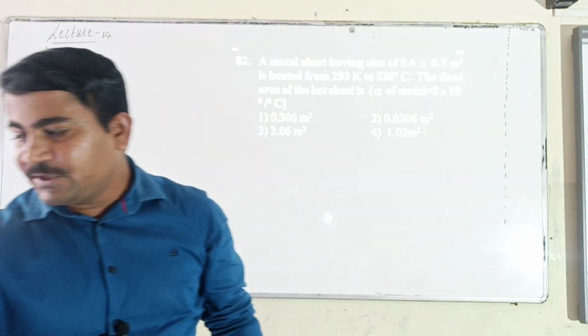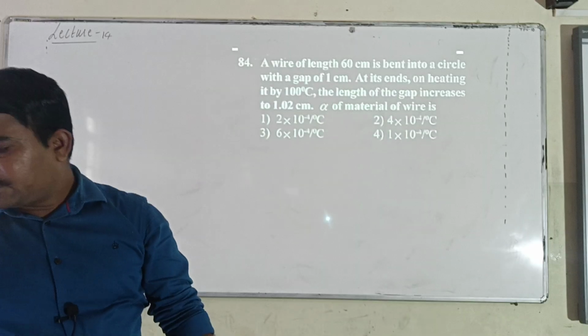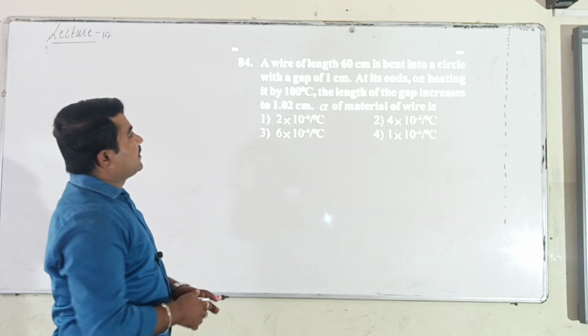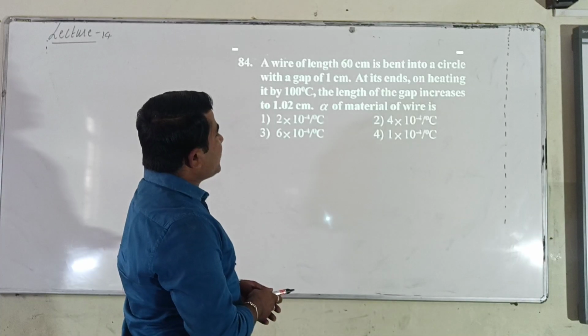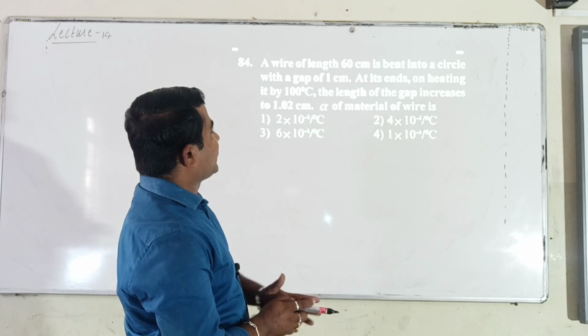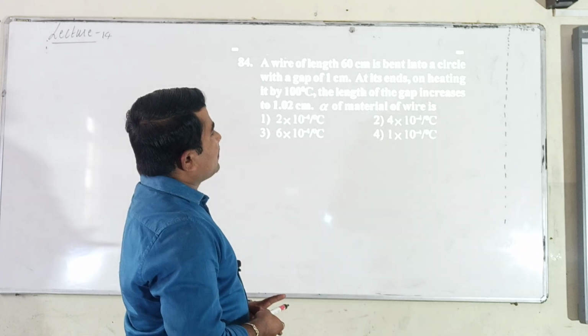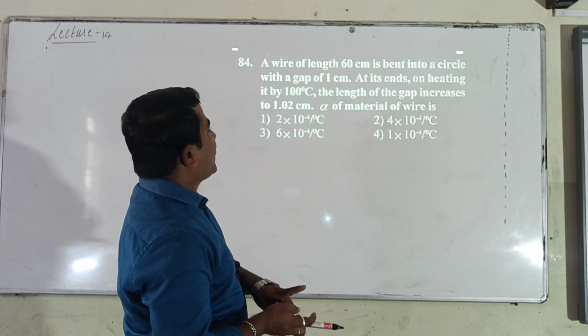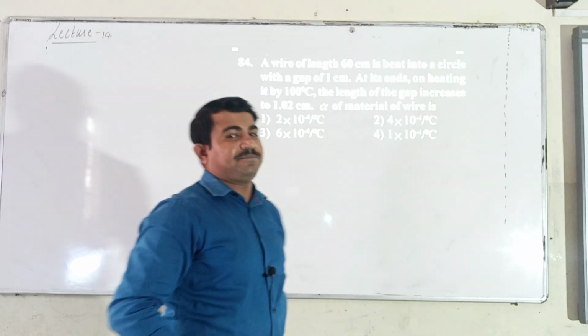Okay, next numerical is: a wire of length 60 centimeter is bent into a circle with a gap of 1 centimeter.